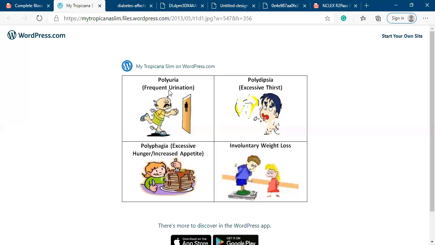Polyuria, increased frequency of urine. Then polydipsia, excessive thirst. And polyphagia means always feeling hungry, increased appetite. Also involuntary weight loss.